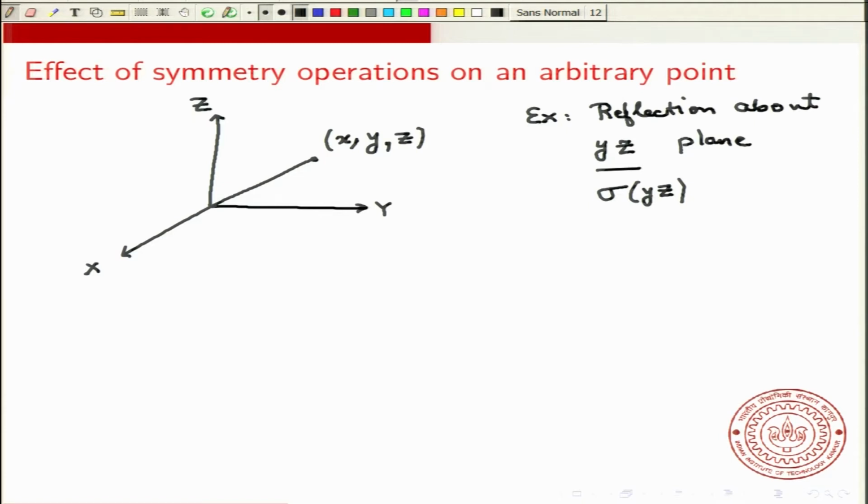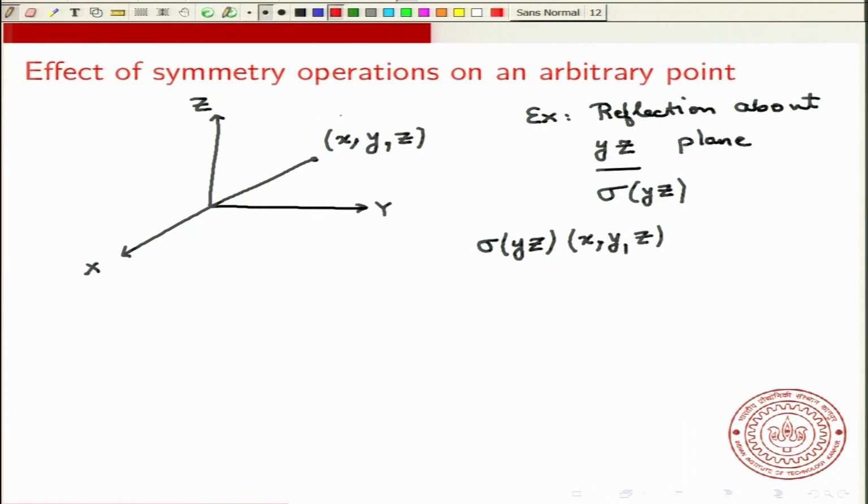So what we are saying is that if you take this operation sigma y z and operate it on this symmetry point x y z, okay. So you take this point. Now you can see that when you reflect this point about the y z plane, okay, then you will get a new point.